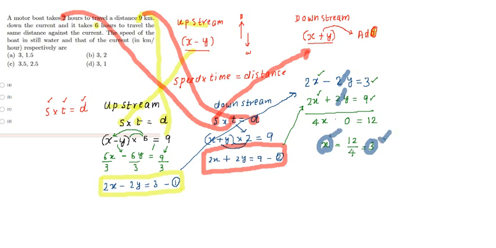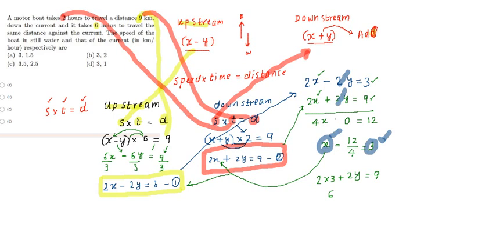One answer is ready. And how do you get the second answer? Substitute the value of x in any one of the equations, either this equation or this equation. As the second equation has all symbols positive, there won't be any confusion. So 2 into 3 plus 2 into y is equal to 9.